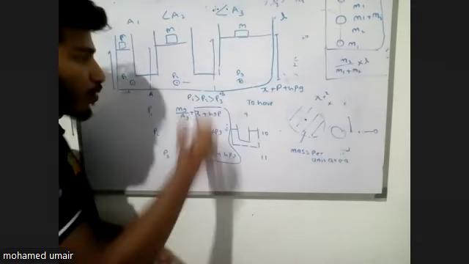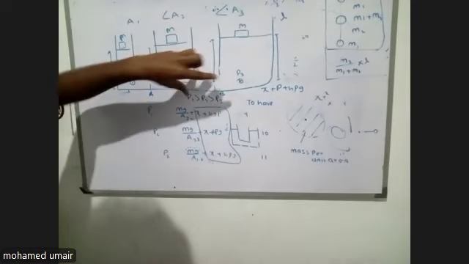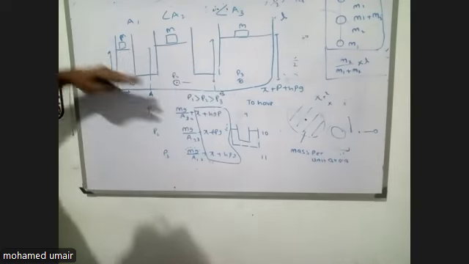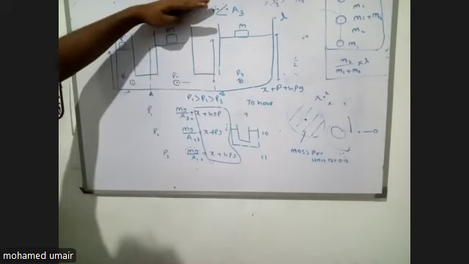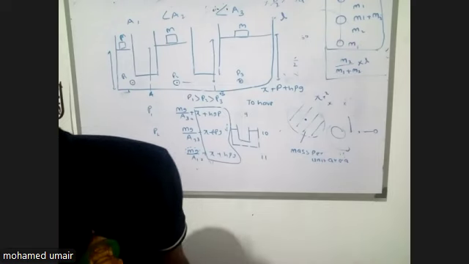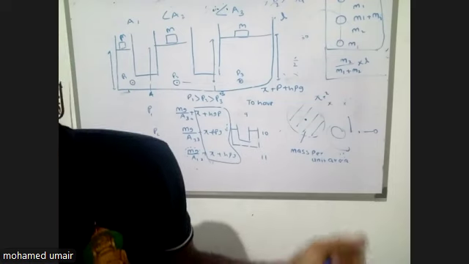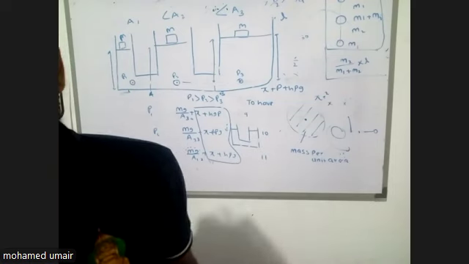But if I was opening A, this part has a lower pressure compared to the other. From high to low, there will be a water flow. This part will move up and P will move down. So that statement is also wrong. Among the two valves, if the statement is that when any of them is opened, P will move down, that is the correct statement.